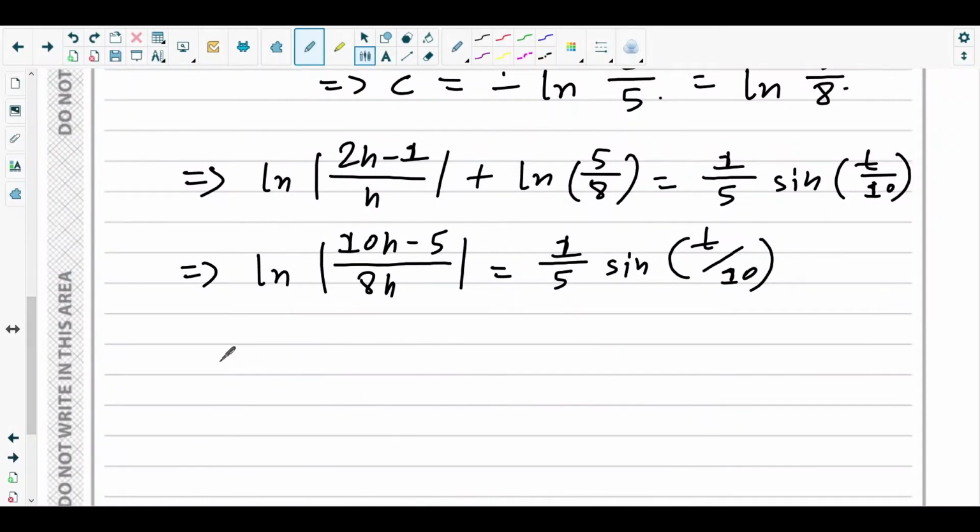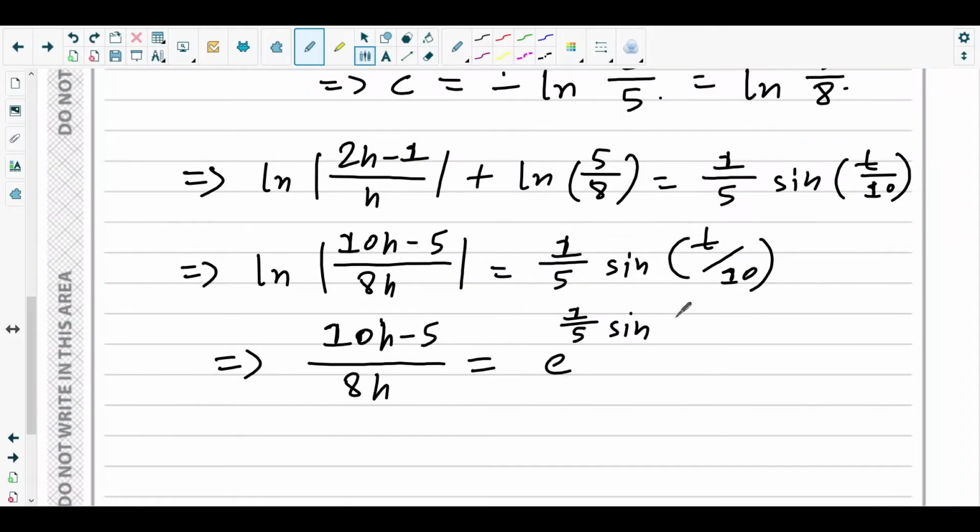Now what we can do next? We will use the formula for converting logarithm to exponential. So 10h minus 5 over 8h equals e to the power 1 over 5 sine t over 10.